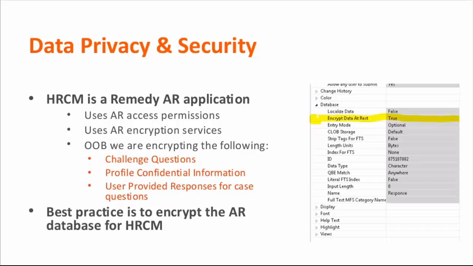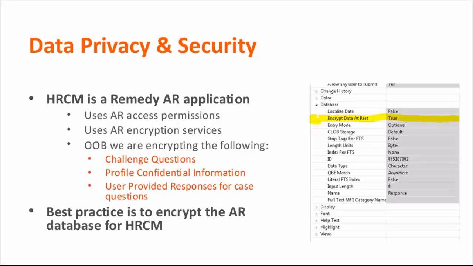And like I mentioned, we also got the new feature in AR, which is highlighted here, encrypt data at rest. If you set that flag to true, this option is available for character fields, and when you set this to true, AR server encrypts whatever information you put, and puts the encrypted information in the database.